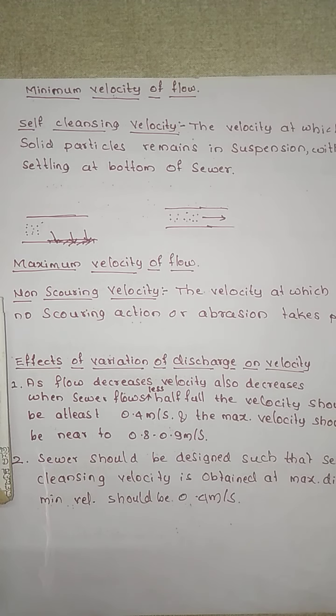Suppose the velocity of the wastewater is too high in a sewer, and suppose the surface of the sewer is quite rough. Then, due to the increased velocity of the wastewater, the material with the rough surface may be carried away with the flow.